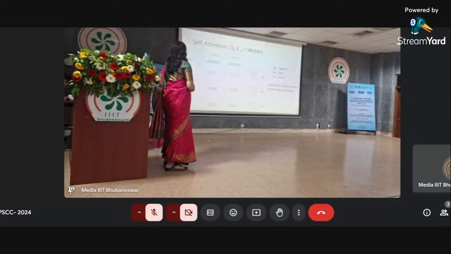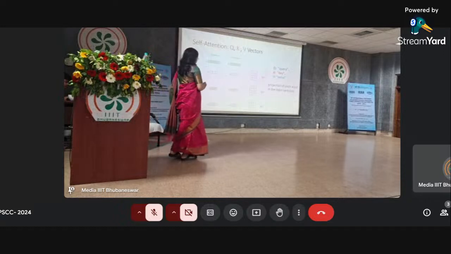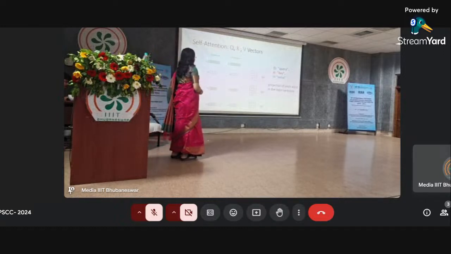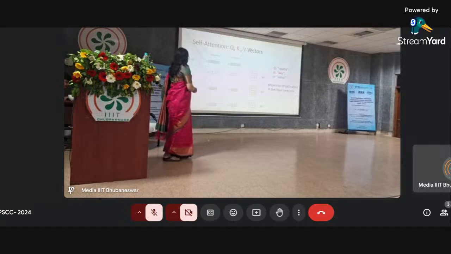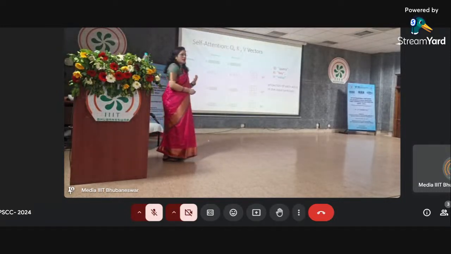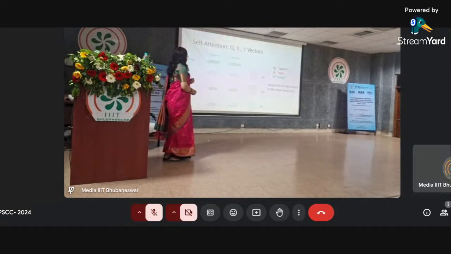And what goes inside the self-attention mechanism? It calculates three vectors. One is called query, second is key, third is value. These three vectors are calculated from X, the embeddings, where we convert each word in my sentence to a vector using a word embedding algorithm, and then I'm multiplying each by a weight vector to get these vectors.